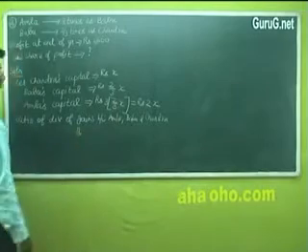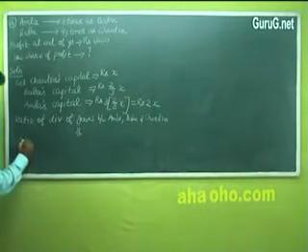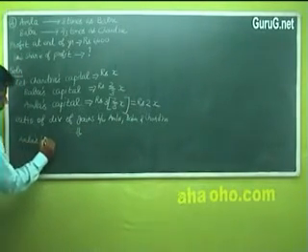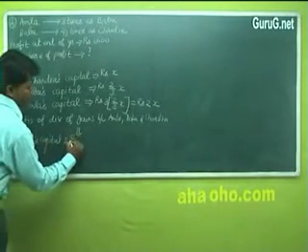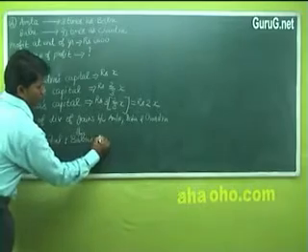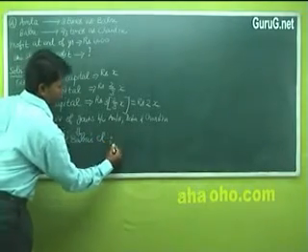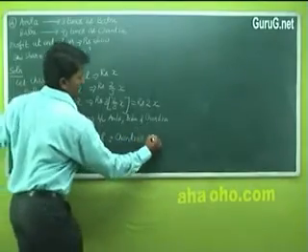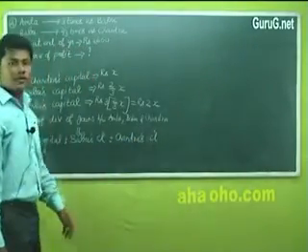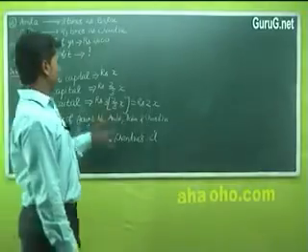We have a formula, that is Amla's capital is to Babu's capital is to Chandra's capital.